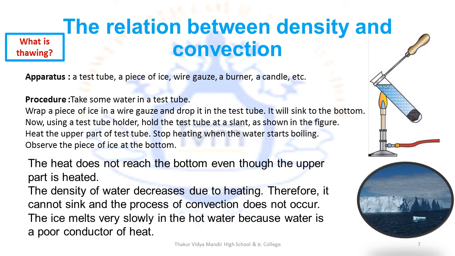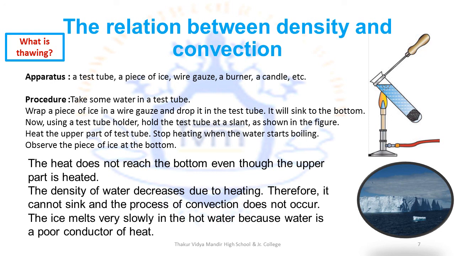Now using the test tube holder, hold the test tube in a slanting position, as you can see in the picture, such that the top part of the water is exposed to the heat of the burner. Once the water starts getting heated up, it will become less dense and it will start boiling.